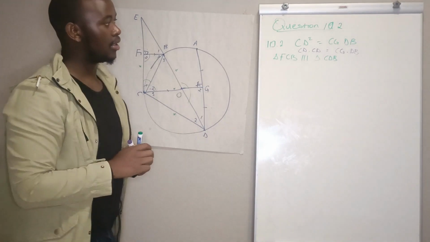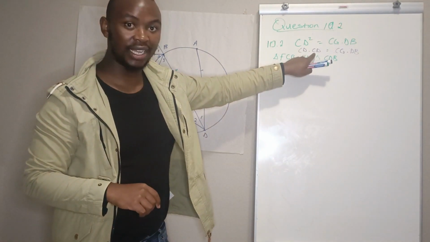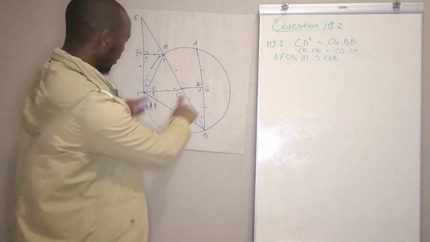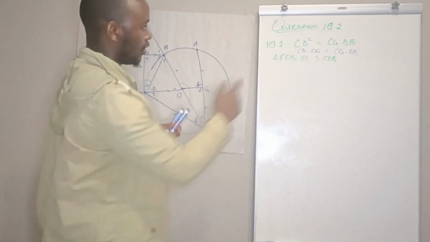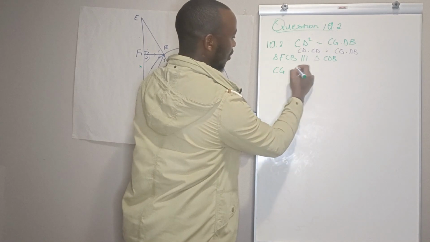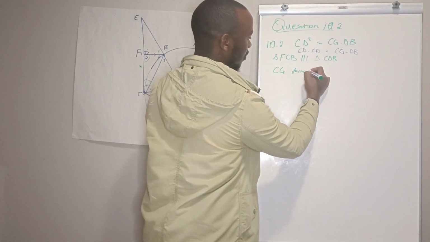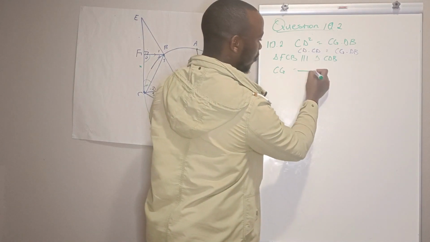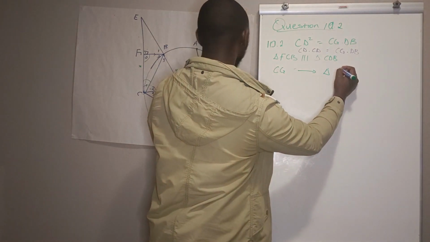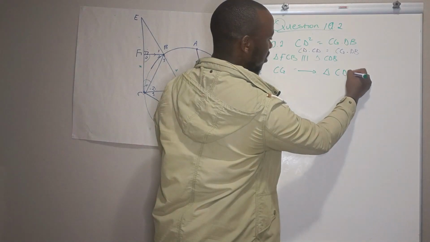Okay, so somehow we have a multiplication of two sides, and these sides exist on different triangles. CG forms part of the triangle, let me call it CDG.